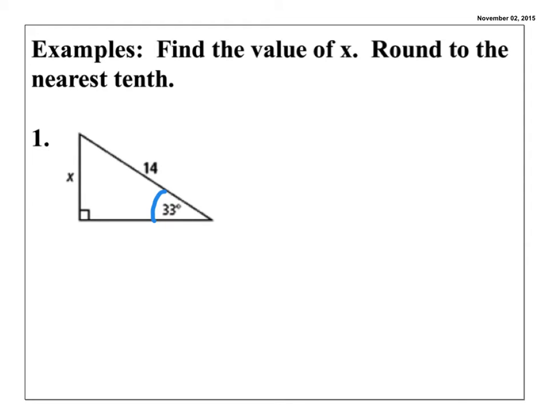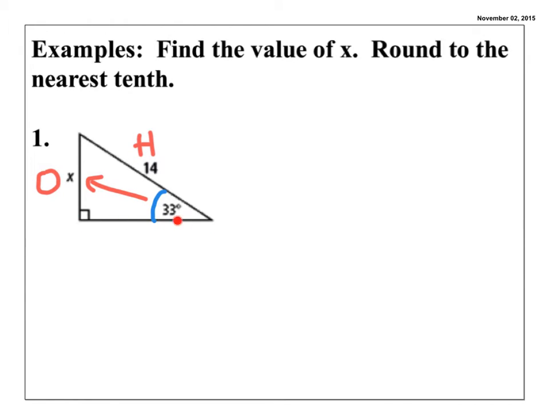Looking at my side measures, I notice that the 14 is opposite the right angle. My 14 is in fact the longest side. This is my hypotenuse in the triangle because it is opposite the right angle. And I also notice that the x is directly opposite the 33 degrees. You will notice that I only labeled the two sides that I was given in the problem.